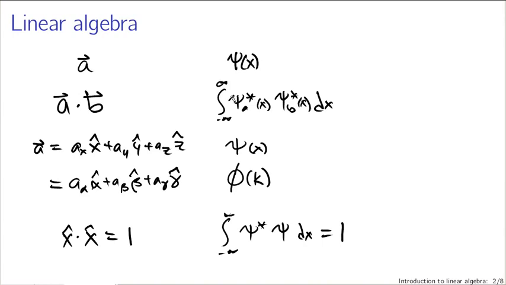Looking at it in terms of the wave function, here we're taking the component of the wave function at some position x, multiplying it by the component of some other wave function at the same position, repeating that over all different positions, and adding up all of those different effective position components of the wave function. So there are analogies between linear algebra and quantum mechanics, and they actually end up being very useful.